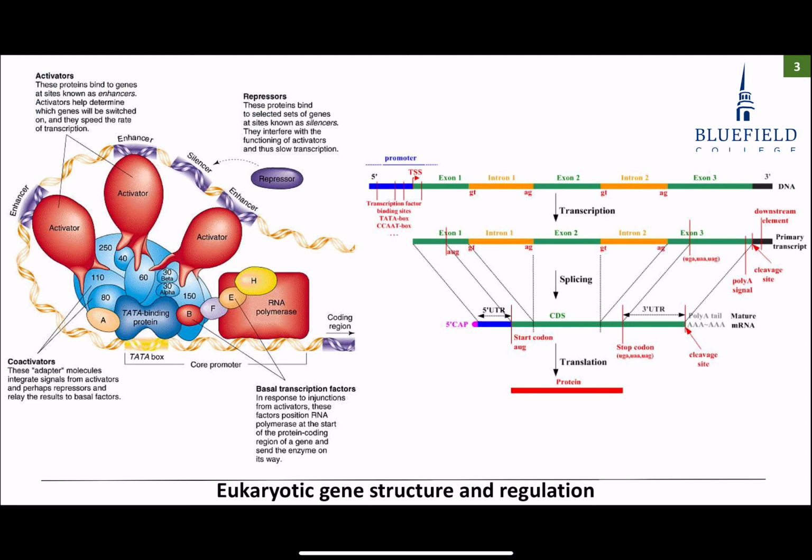Those are sequences that respectively attract proteins called activators or repressors. So activators bind to enhancers. Once they do that, expression of this target gene is increased. Unlike repressors, which bind to these silencer sequences and decrease expression of the gene.